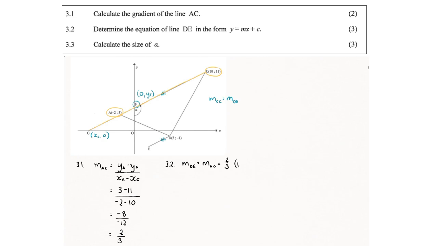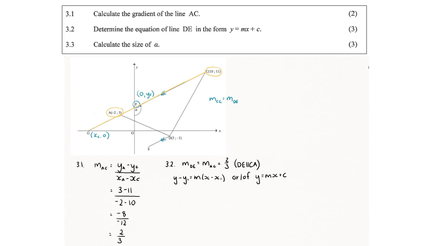And now we can make use of 2 formulas to determine the equation of DE. The one formula is y minus y1 equals m times x minus x1. Or we can use y equals mx plus c, determine the value of c, and then write the formula in standard form.